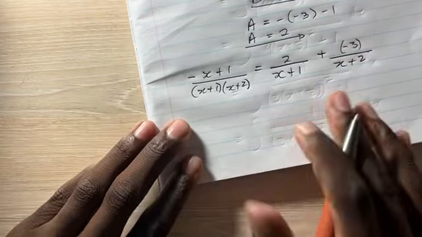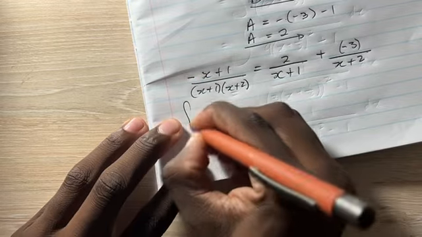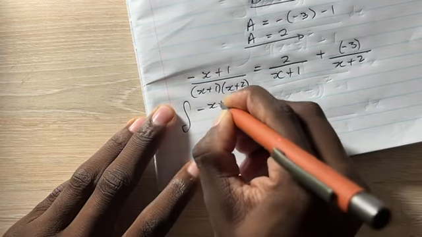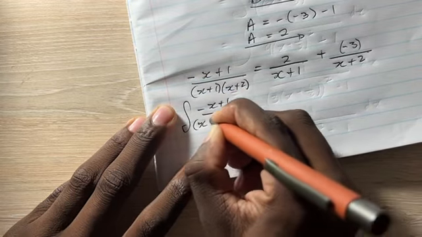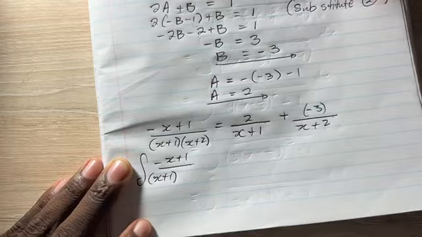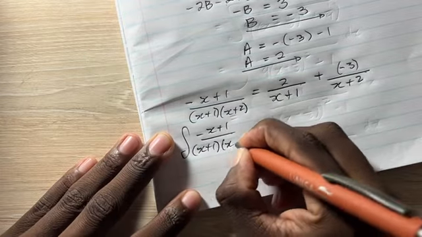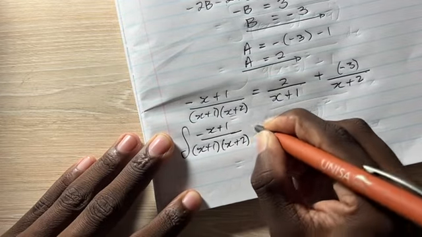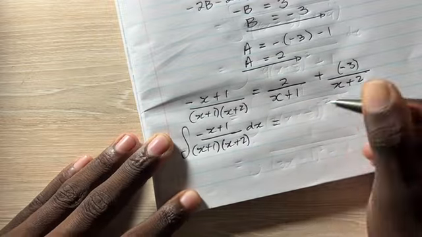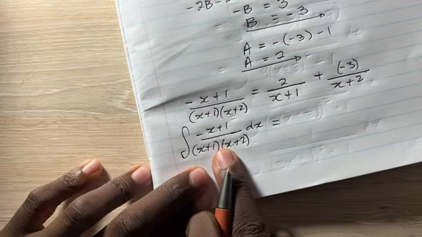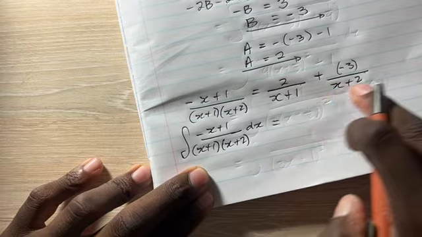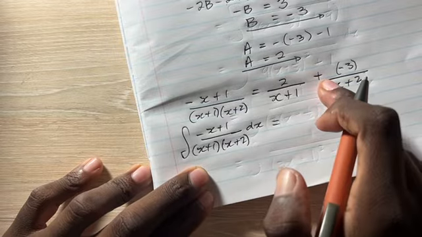Okay, this is what we have. Therefore, since we are looking for the integral of negative x plus 1 over x plus 1, x plus 2 dx from first block, all of these steps are just partial fractions. If we're looking for the integral of this guy, it must be equal to the integral of this guy because these guys are the same.